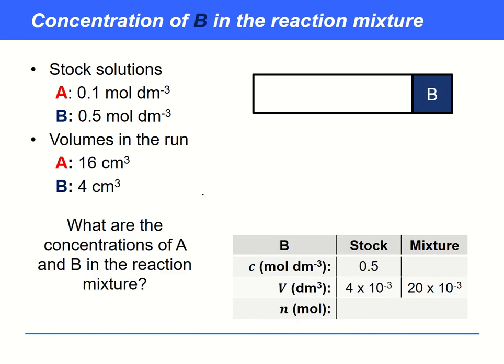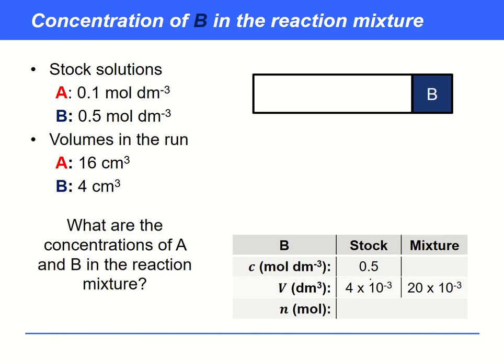Let's switch to thinking about B now. So remember, it's almost like wearing a special pair of glasses that can only see B. In all of that A that was added, the stock solution of A, there were no B molecules, and therefore that was essentially just like adding water to B. So we can play the same game again.